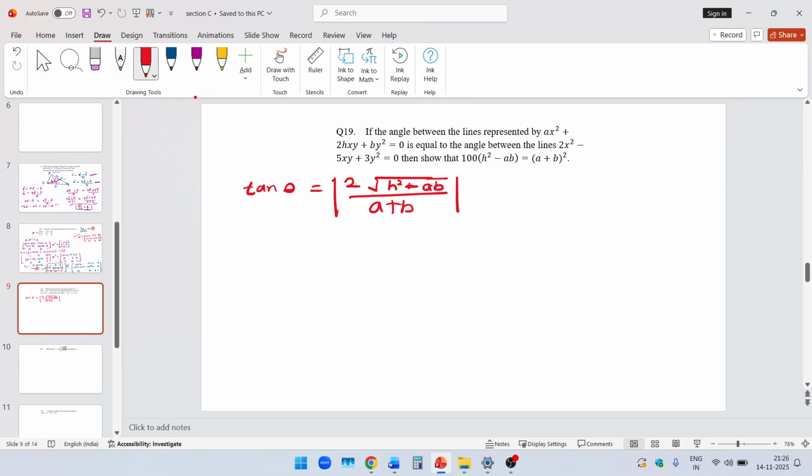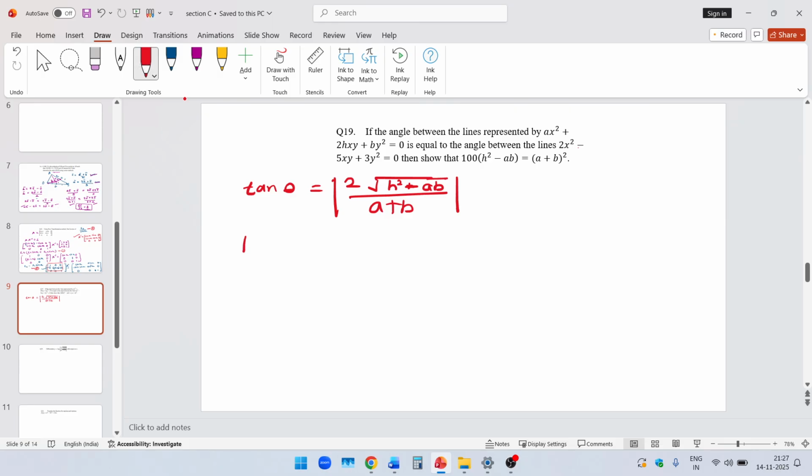Okay, now what you're going to do is find the tan theta for both the lines, the first one and the second one. So for the first one, tan theta will be equal to this, whatever we have written. That will be the formula for the first one.